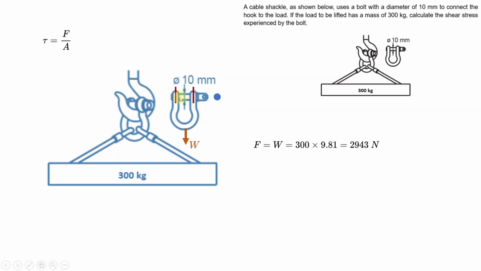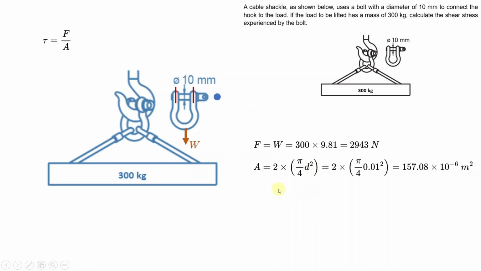So you will have again the cross section of the bolt there. Therefore it's twice the area of the circle that is in shear, because you have the area here and you have the area there. So now the shear area will be equal to twice the cross section of the bolt.